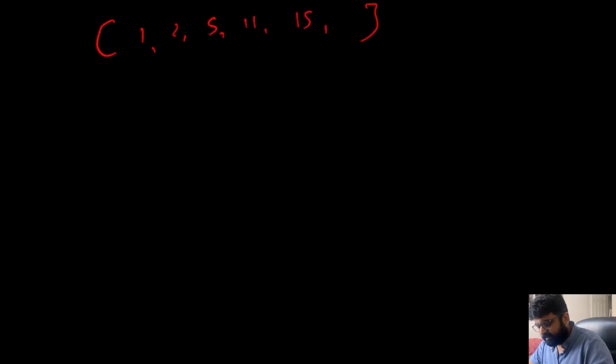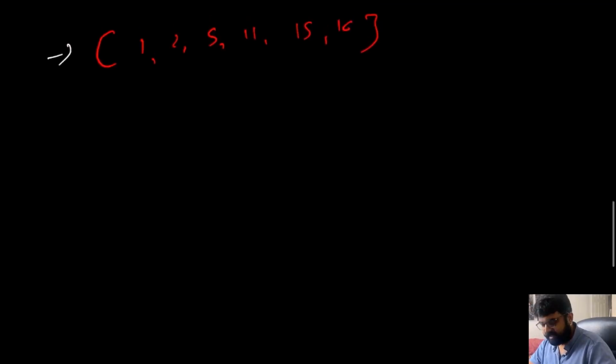So first let's try to understand this with an example. Suppose we are given a stream that looks like this: 1, 2, 5, 11, 15, 16. What would be the median in this case? Well, based on the definition, this stream is an even-sized stream, which means there is no exactly one middle value.